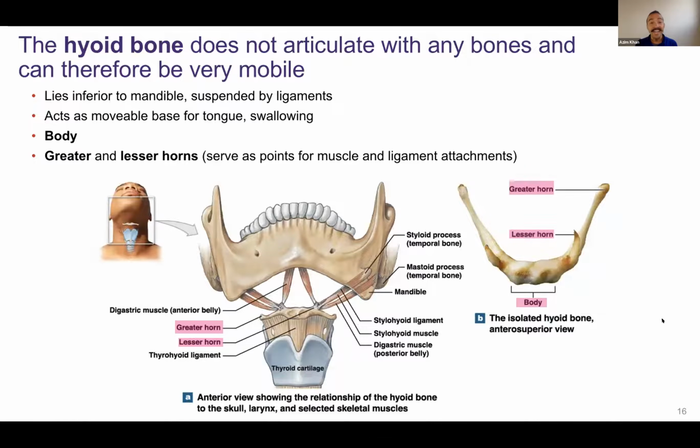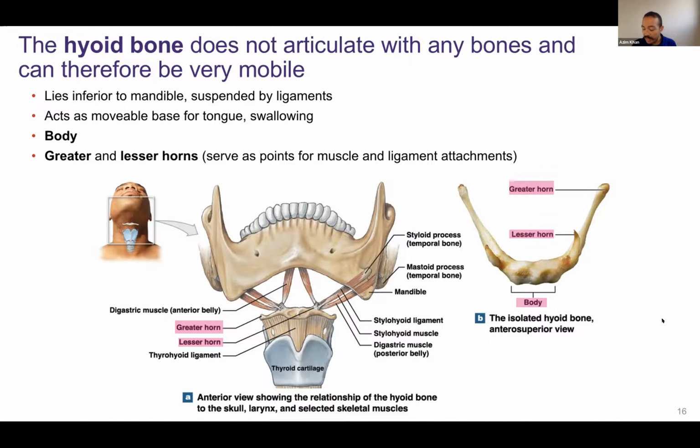Finally, the hyoid bone. Before we look at complete anatomy, the hyoid bone is a single bone, and it's a really unique one because every bone that we've seen so far is bordering another bone. Even the malleus, incus, and stapes, they're off on their own deep in the ear, but they're still bordering each other.